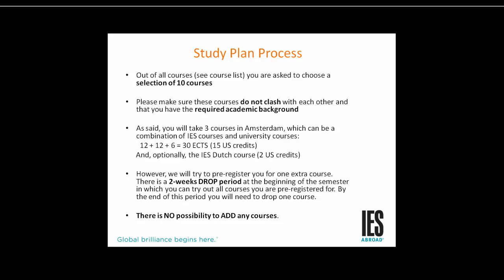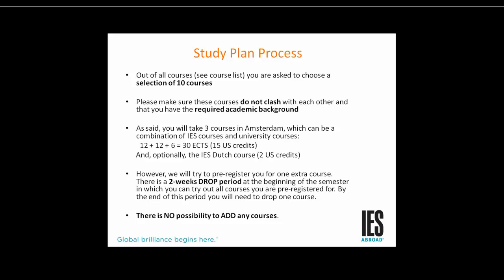As I mentioned before, you will end up taking 3 courses, or 4 courses if you take the Dutch course, while you're in Amsterdam. And this can be a combination of IES courses and of university courses. But we will try to pre-register you for one extra course. At the University of Amsterdam there's a 2 week drop period at the beginning of the semester.